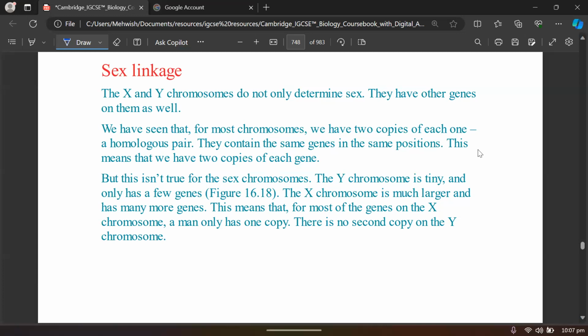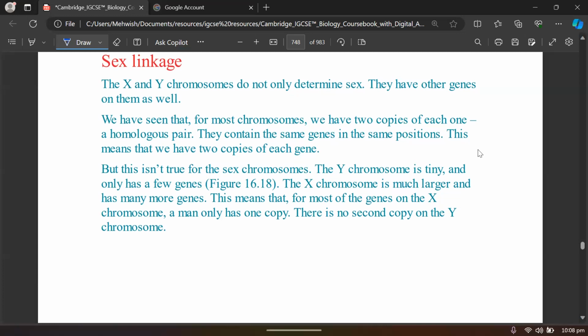And interestingly, sex-linked genes are considered more common in men as compared to women. Why? Because the partner allele is never present on the Y chromosome. So, to understand this phenomenon, let us see some examples first, and then you will be able to understand. I said that there are so many diseases.